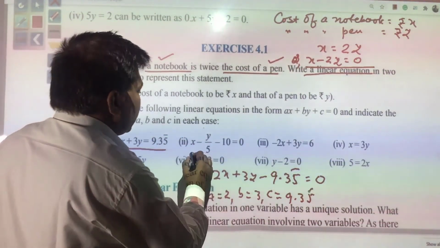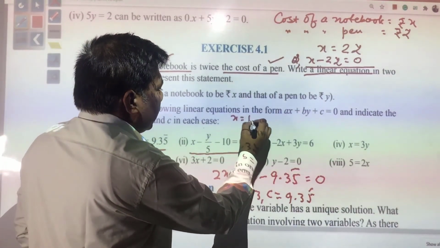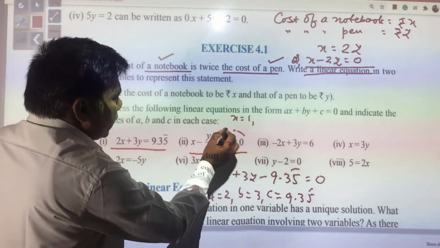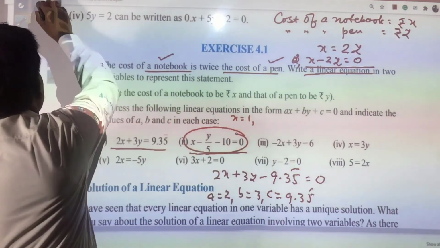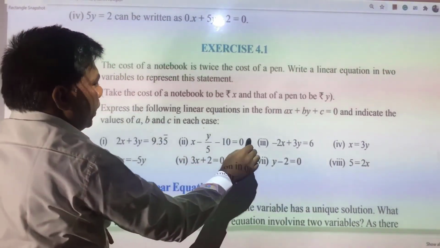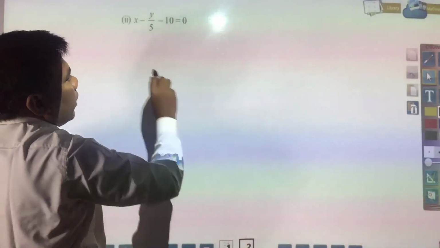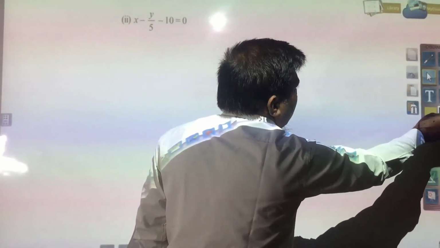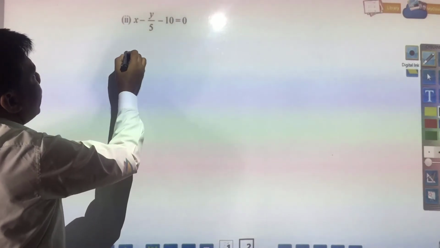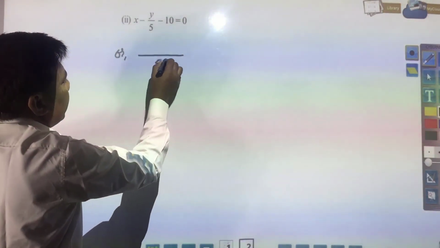Here in this case, before this, we will simplify this first. If you are simplifying this, your LCM will be 5.